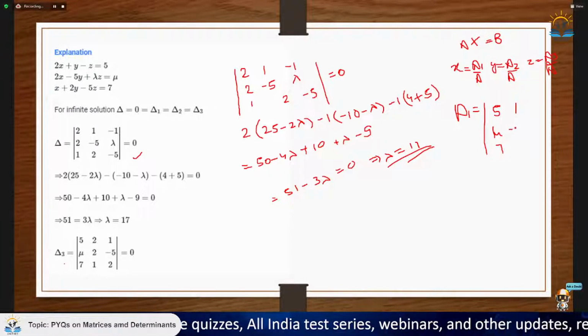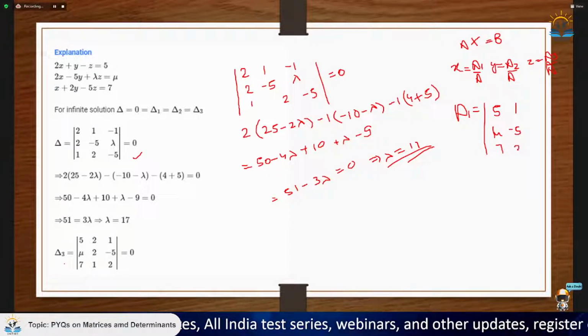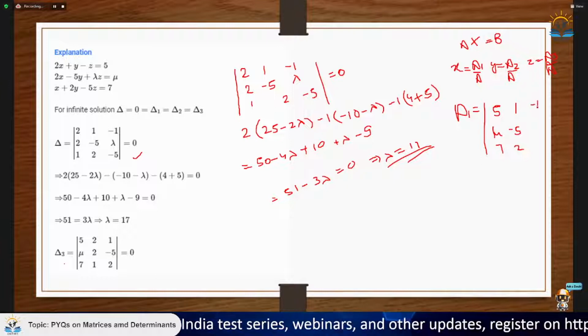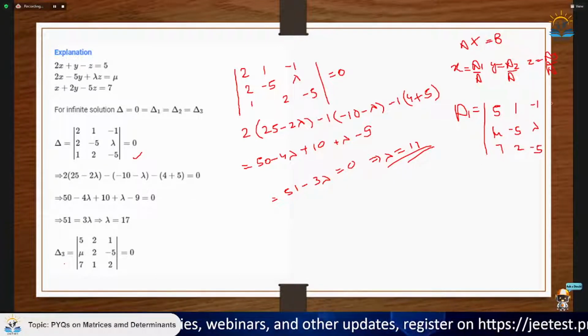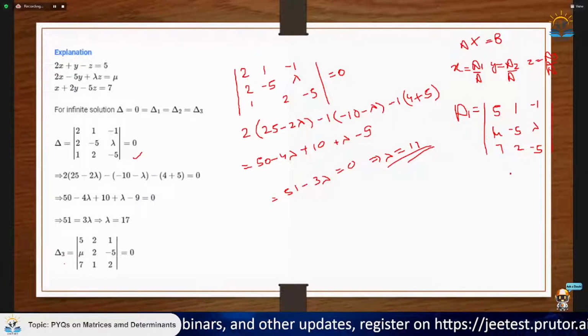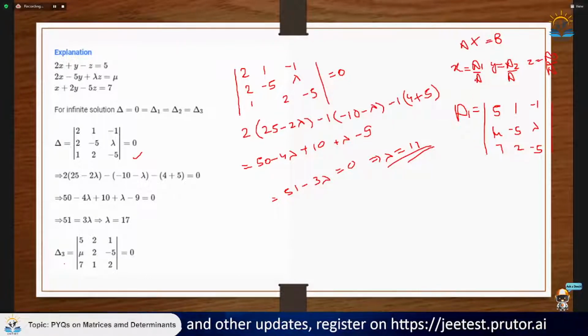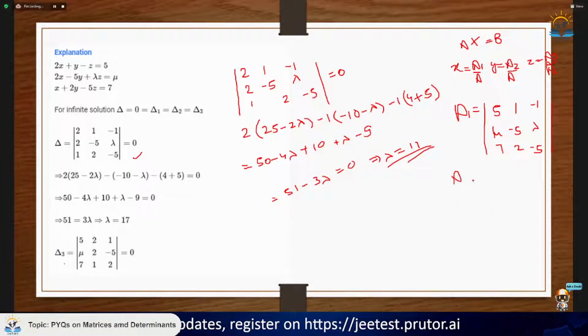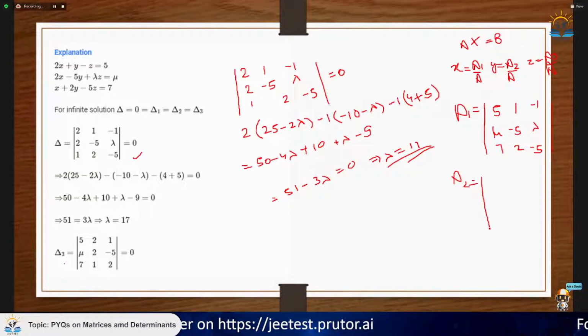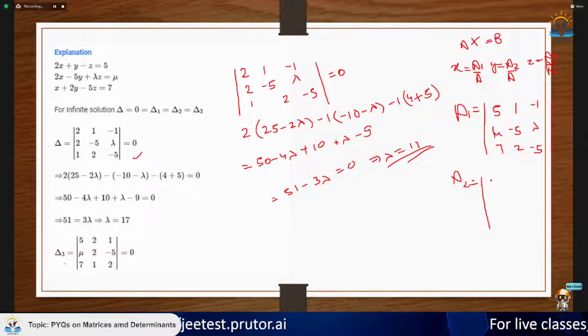1, -5, 2, -1, lambda, -5. This is my A1. So we need to calculate determinant of this thing upon determinant of A, which is my x. Similarly, to calculate y we need A2, and in A2 we will do what? We will replace the second row of A with 5, mu, 7. So first row will remain intact, that is 2, 2, 1.